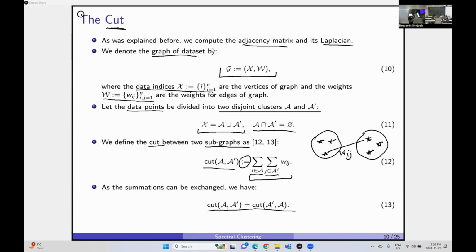So again, the whole thing is connected, but these are two clusters, and there is a small Wij between them. How do we find the small Wij between them? We minimize the cut, right? When we minimize the cut, basically the algorithm finds the Wij's which are small. In other words, it finds the clusters which are separate from each other, right? Because if Wij is large, it means that we are inside the cluster. We are not between two clusters, right?